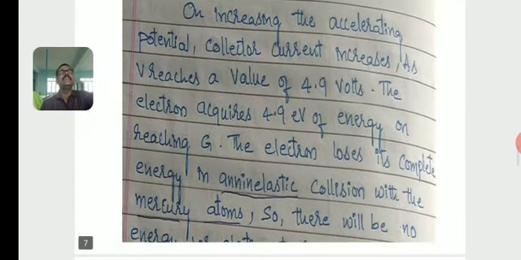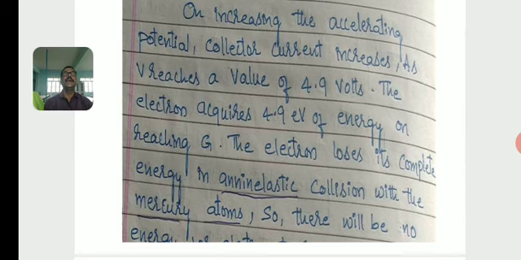On increasing the accelerating potential, the collector current increases. As V reaches a value of 4.9 volts, the electron acquires 4.9 electron volt of energy. On reaching G, the electron loses its complete energy in an inelastic collision with the mercury atoms.